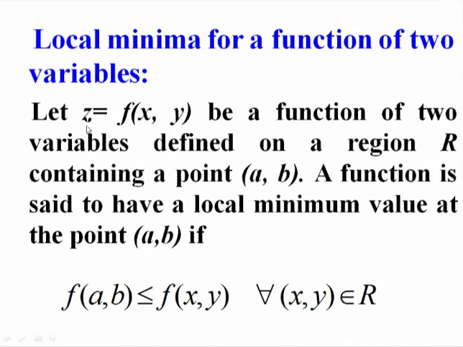Let us have a function z is equal to f of x y defined in a region R, and this region contains one particular point, say a, b. Then the function z is equal to f of x y is said to have a local minimum value at the given point a, b if the value of the function at that point is less than or equal to the value of the function at any point of the region R. That means f at a, b is less than or equal to f of x y for all x y belonging to R. This way we can find the local minimum value of the function.